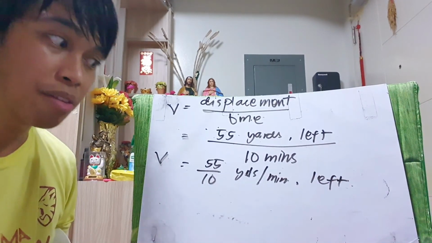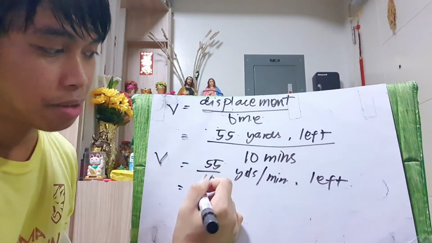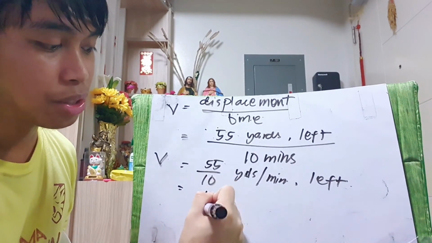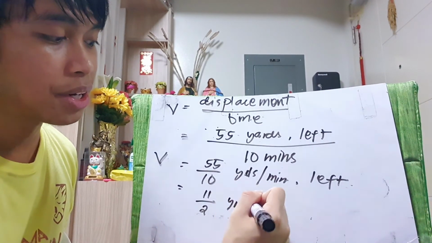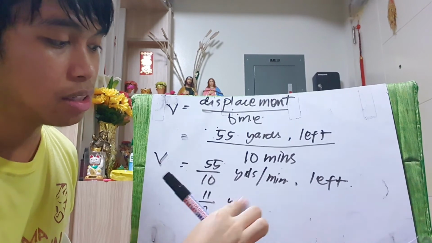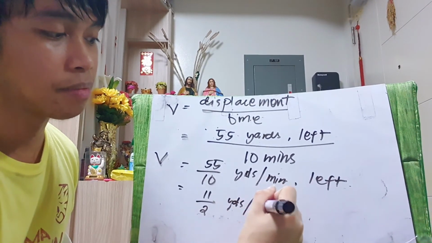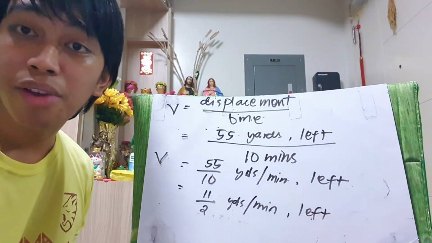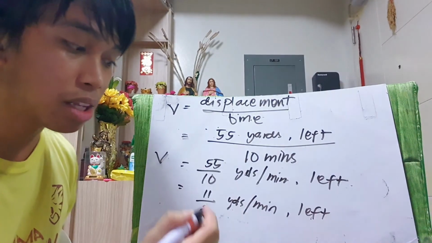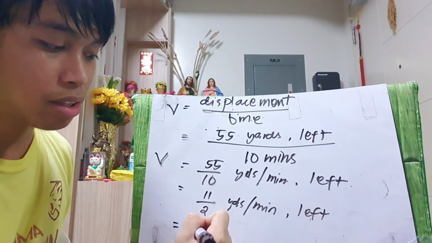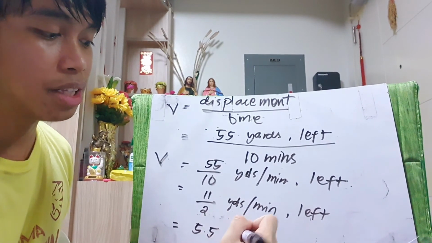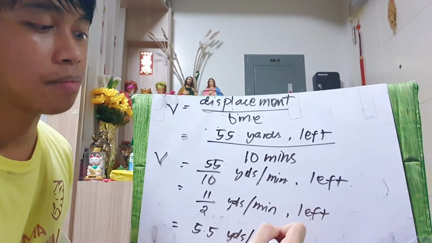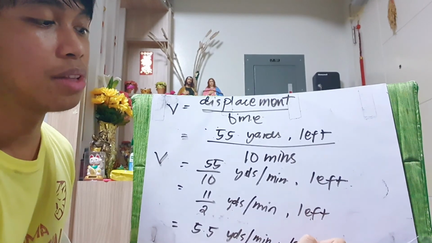Simplified, we have 11 over 2 yards per minute going to the left. If you have scientific calculators, you can simplify this into 5.5 yards per minute going to the left.